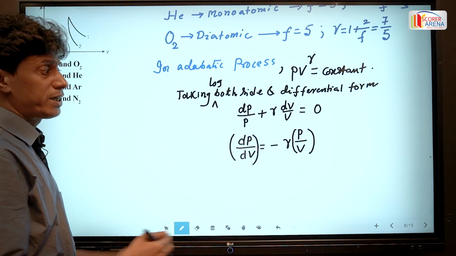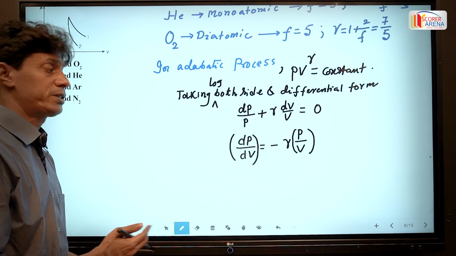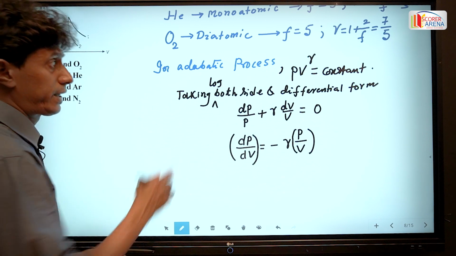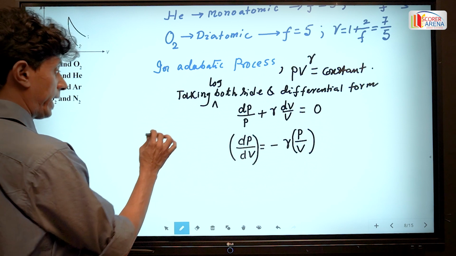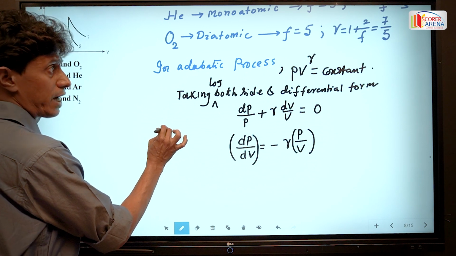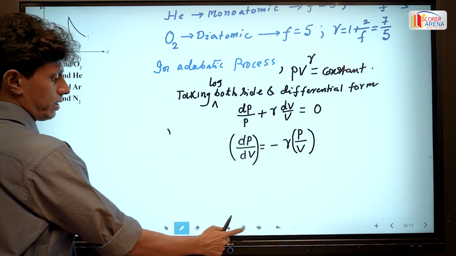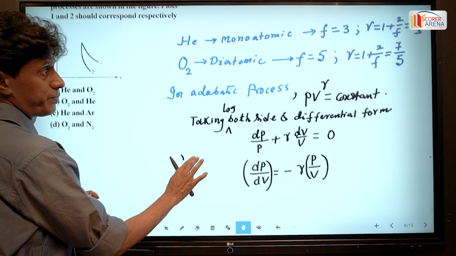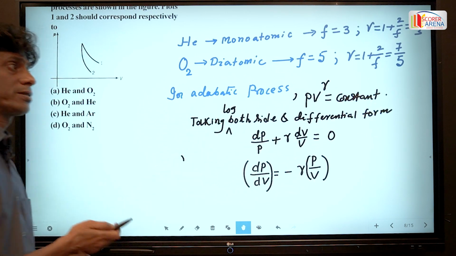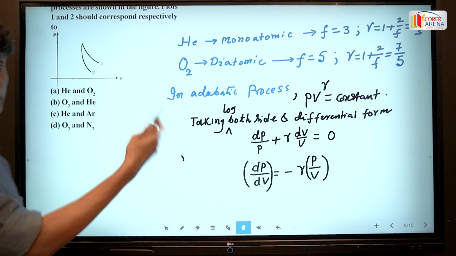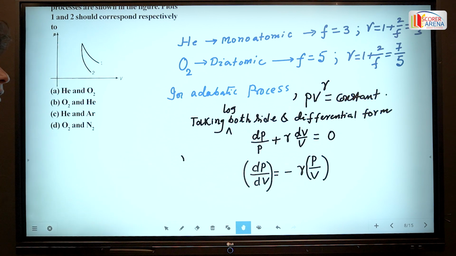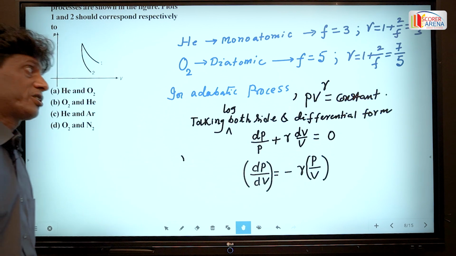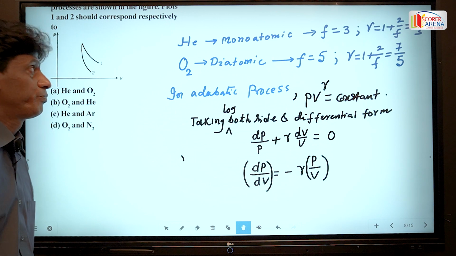So if gamma is more, the slope of the graph is more. In the case of gas 2, oxygen, a diatomic gas, the value of gamma is 7 by 5, whereas the value of gamma in the monatomic gas helium is 5 by 3.